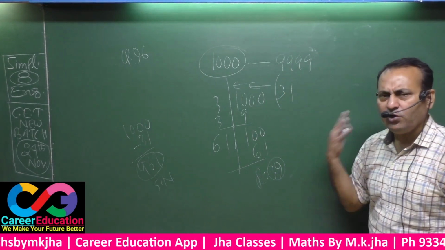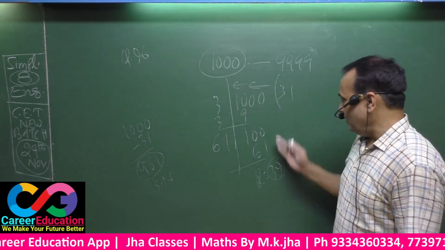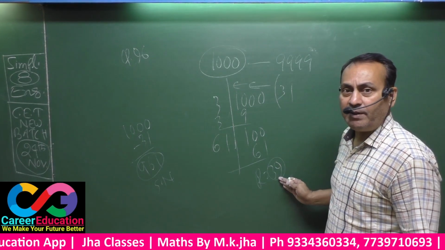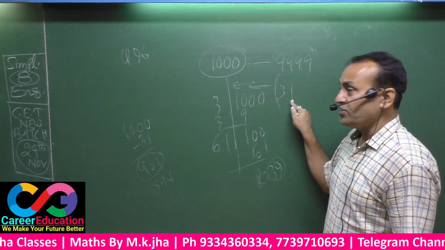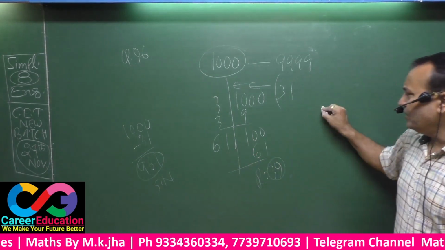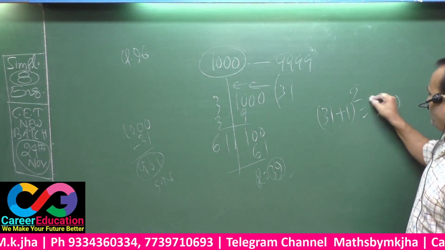That means you have only 2 ways. You have to accept one of them. You have to subtract the remainder got by you, or you have to take quotient plus 1 squared. That means now 31 plus 1 squared, that is 32 squared.